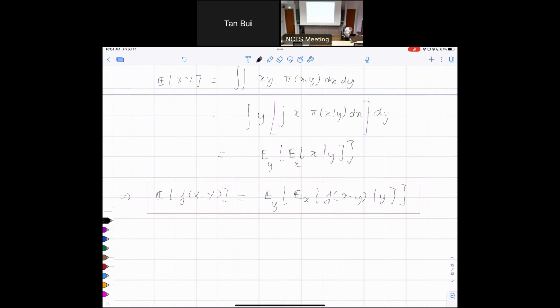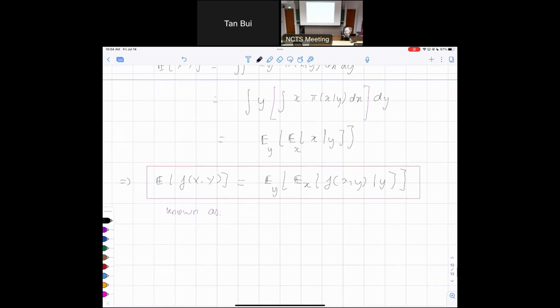So this is the total expectation. Remember that we have a total form. It is known as a few names, depending on where we are.